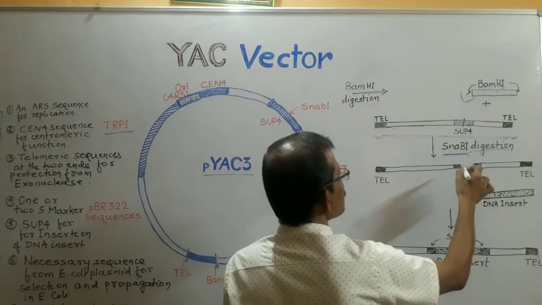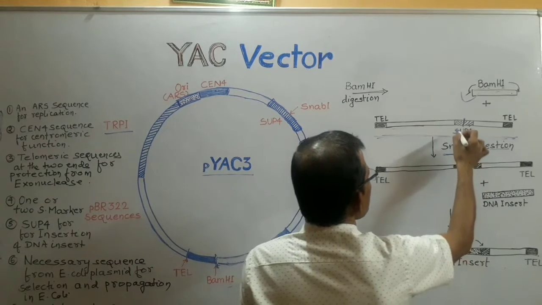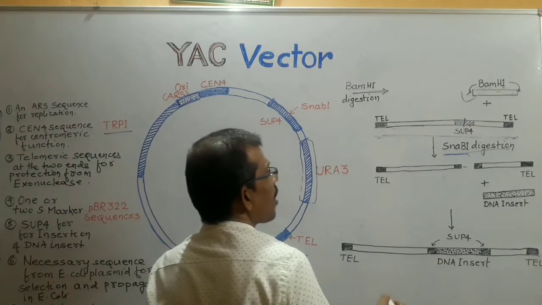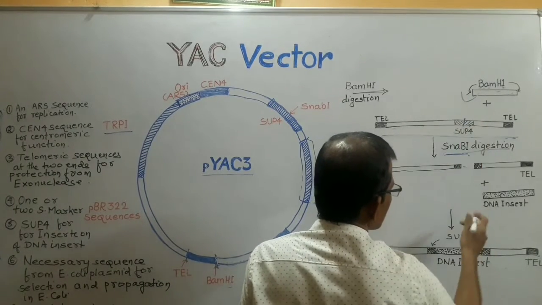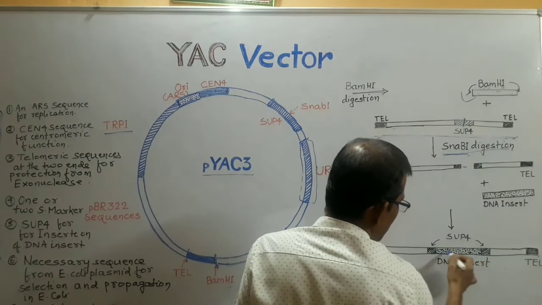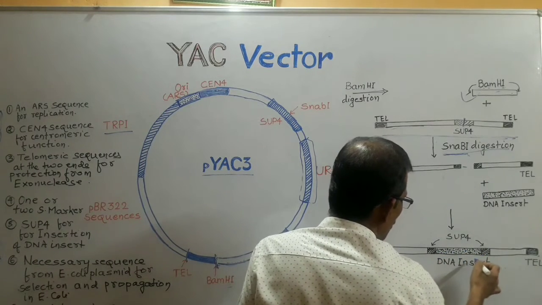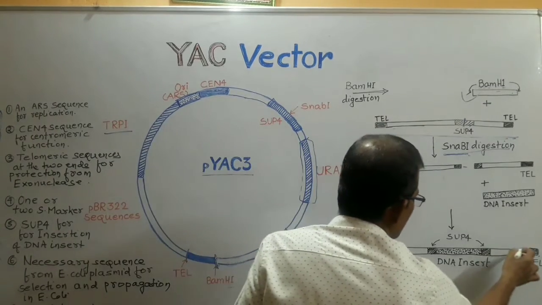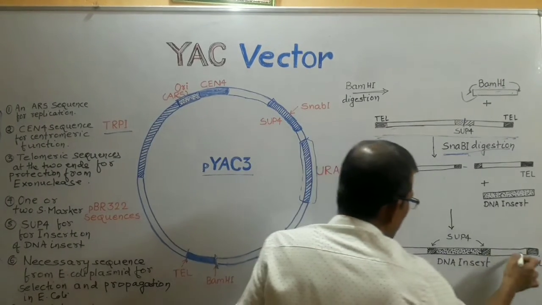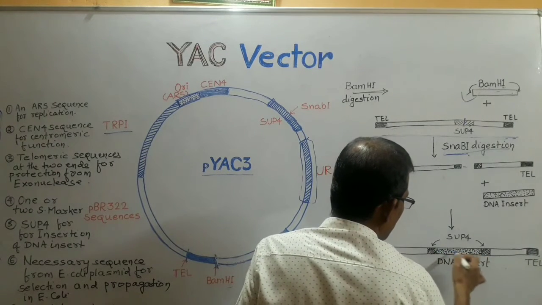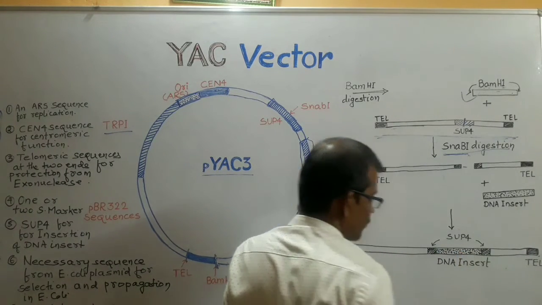SNAB1 recognizes a specific site that is present within SUP4. So after cleaving the sequence between these two segments, the DNA insert is integrated, so a recombinant PYSC3 vector is formed. This is the recombinant PYSC3 vector that carries the DNA insert.